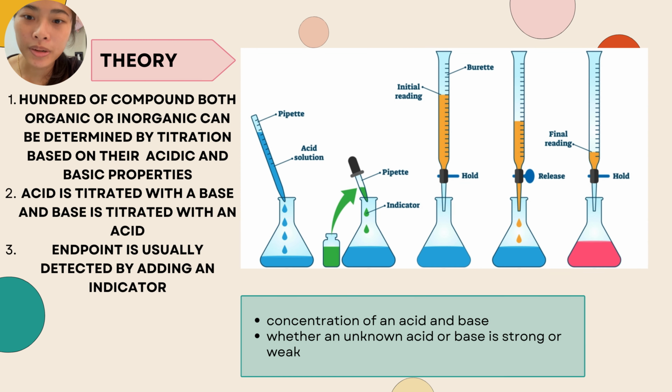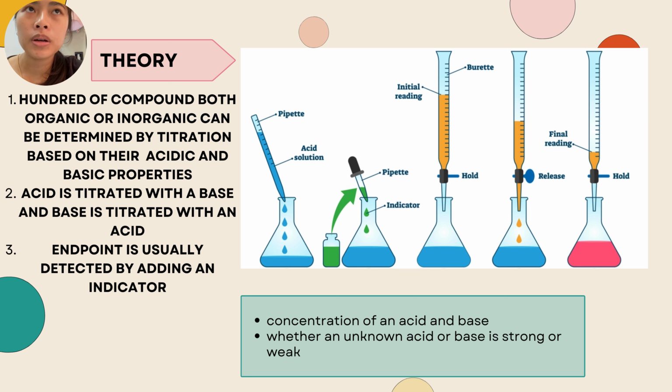So based on the theory, hundreds of compounds, both organic and inorganic, can be determined by titration based on their acidic and basic properties. An acid is titrated with a base and a base is titrated with an acid. For our case study, our burette will contain NaOH, which is a strong base, as the titrant, and our conical flask will contain acid rain as the analyte.